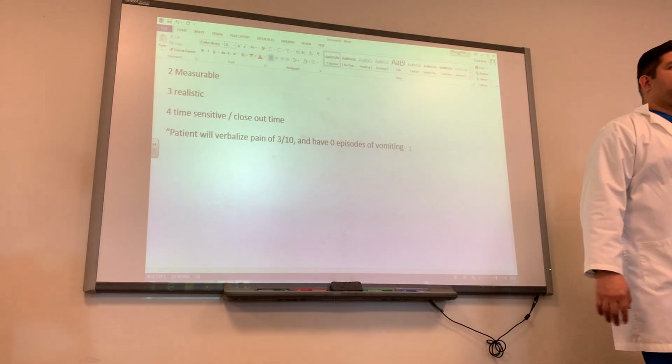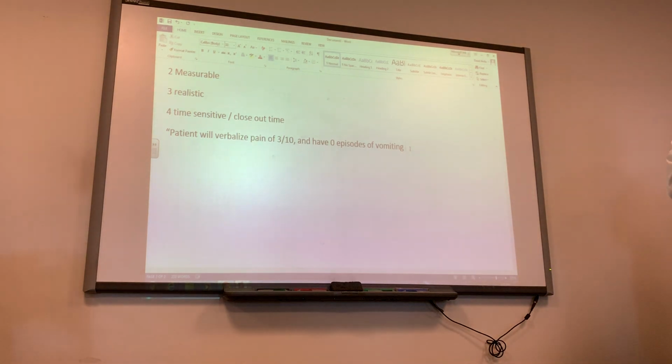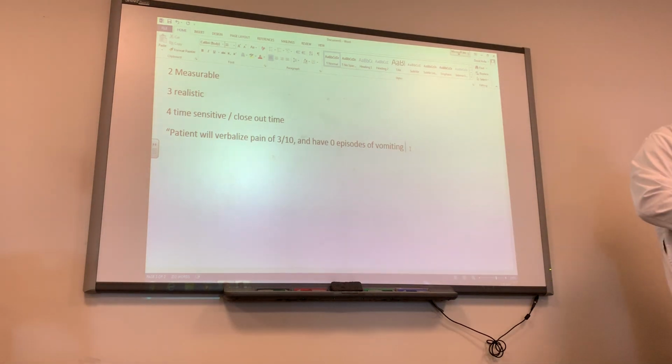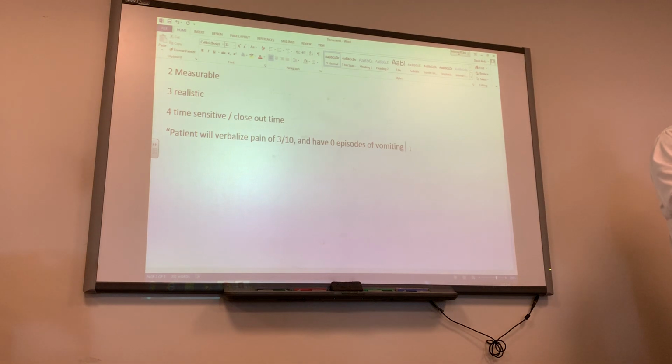What's realistic? Hour? I'd be having like 3 minutes, but that's not realistic. So if I say 0 episodes of vomiting during the next 2 minutes, is that possible? Why not? Because the drug takes time to work. The NG tube takes time to work. The nausea medicine takes time to work. So if you say 1 hour, I'm pretty much right there with you.